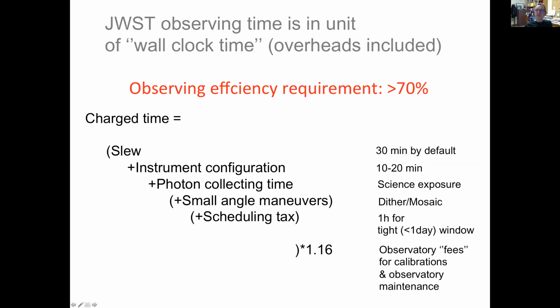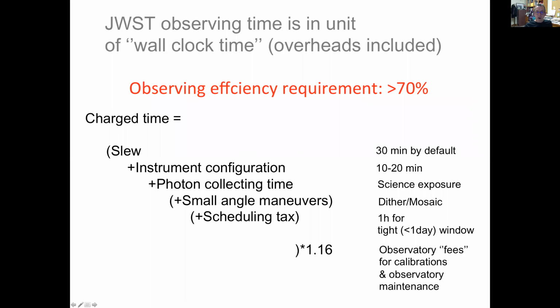That is, the fraction of the time you spend collecting photons should be better than 70%. So there are various overheads that are charged to you. For example, slew time. It will take a maximum of 30 minutes to slew from one piece of the sky. You have to configure the instrument, moving wheels around, about 10-20 minutes. Then your science exposure, which will take whatever time your program requires.